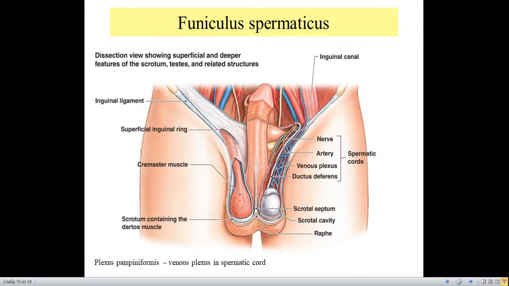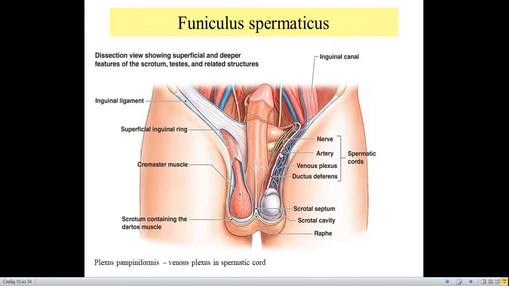Next, funiculus spermaticus or spermatic cord. Actually, it is not really an organ, so I did not list it when we talked about male genital organs. It is a combination of structures involved in reproduction as well. So, what are the basic components? One of them we mentioned many times: ductus deferens or vas deferens, the basic component of the spermatic cord.